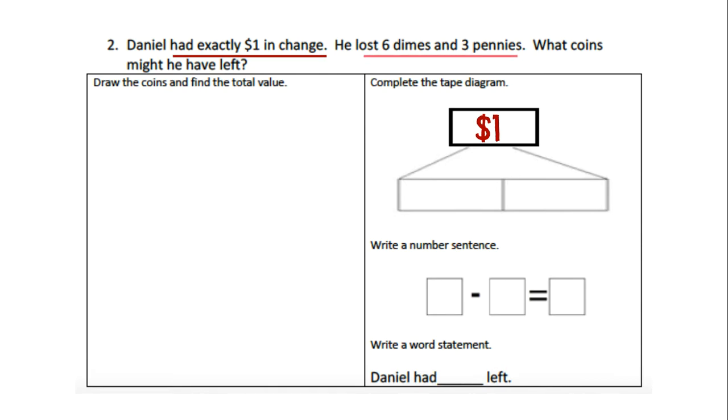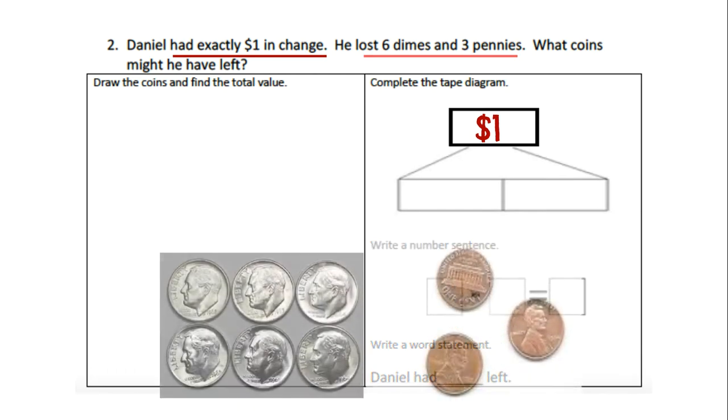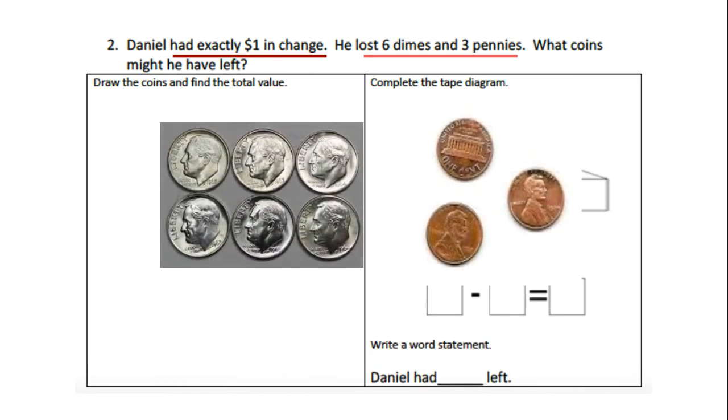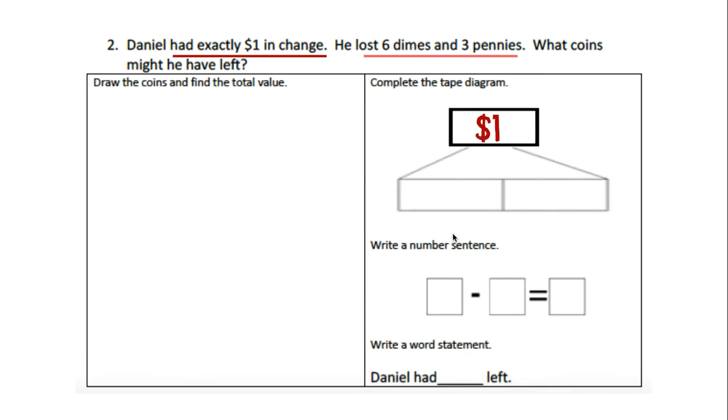Well, we have to think, how much is 6 dimes and 3 pennies? Let's count them up. 10, 20, 30, 40, 50, 60. Switch. 61, 62, 63. The part we know is 63 cents. All right, so far so good and so quick. So now what we're looking for is the part we don't know.